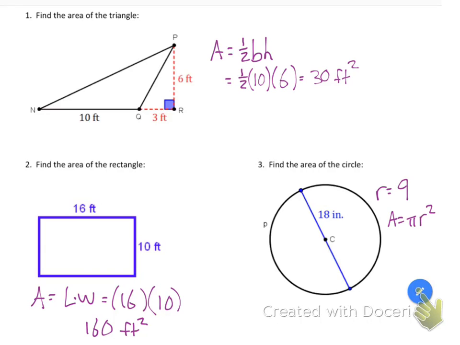Pi R squared equals pi times 9 squared, or 81 pi inches squared. Notice I did not use 254 and change. 254 point la-di-da-di-da would be the decimal approximation for this, wouldn't it?